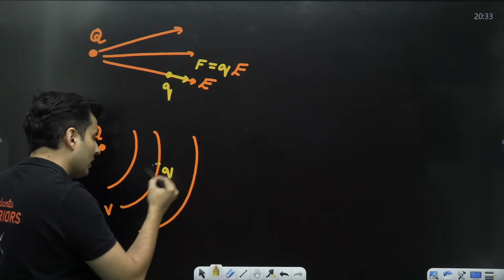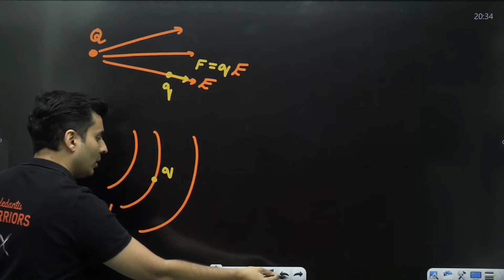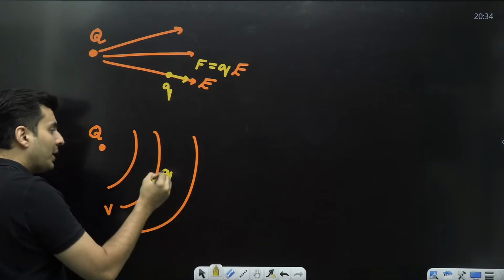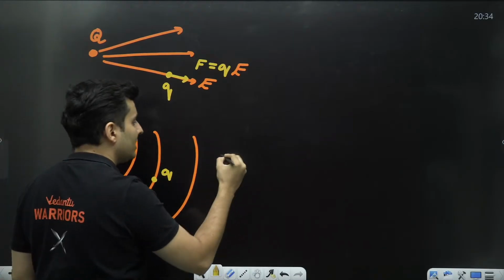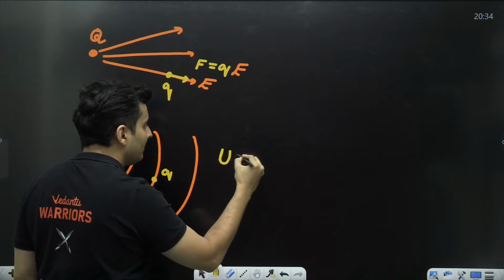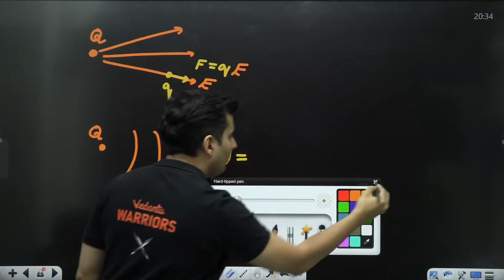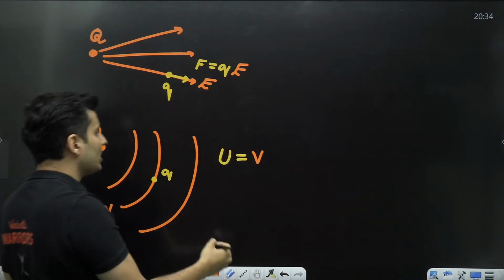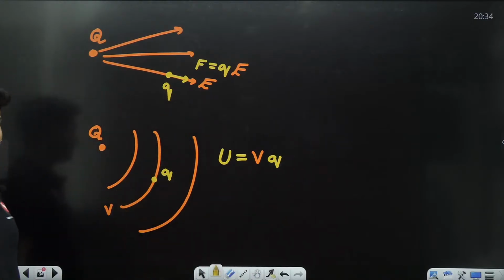This charge is also creating its own potential, but don't worry about that. Because of this charge being placed here, there is an extra energy associated, which is the potential due to the first charge times this particular charge.